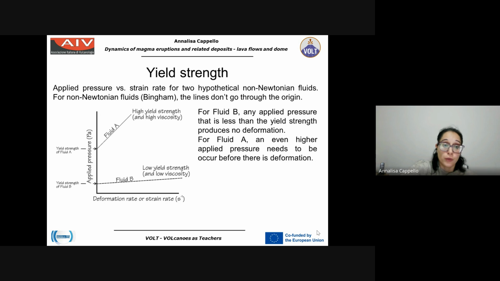The same thing for fluid A. So the values of the intercepts define the yield strengths, while the slopes of the lines represent the viscosity of the fluids.